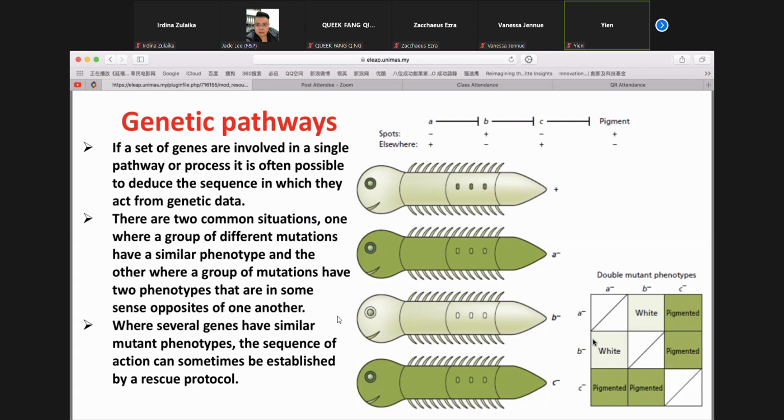Okay. So jadi kita boleh buat rescue. Rescue-nya maksudnya kita selamatkannya. Contohnya kalau kita knock out A, kita dapat mutants kan? Contohnya we knock out A, we get the A mutant, right? That means A punya gene sudah kita keluarkan, betul tak? We knock it out already.